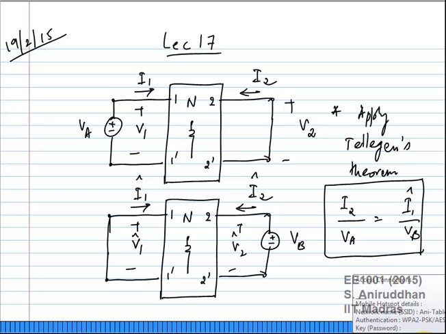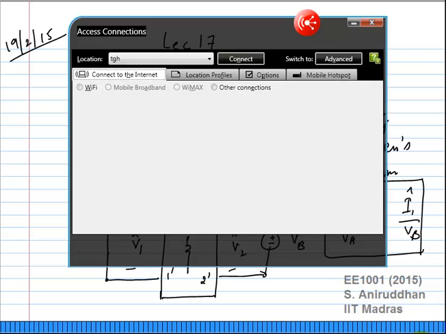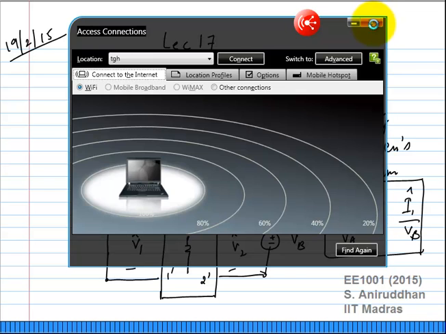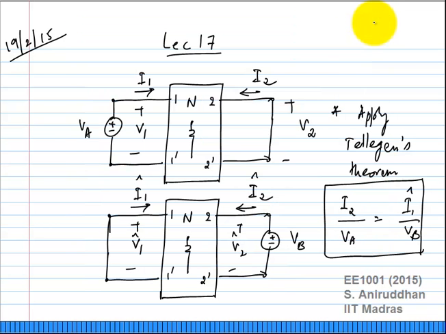And what do you think it means for us in terms of the Y parameters of the two port? You are applying a voltage and looking at the short circuit current. What kind of two port parameters would be relevant here? The Y parameters. So what this is telling us is that Y12 is the same as Y21.